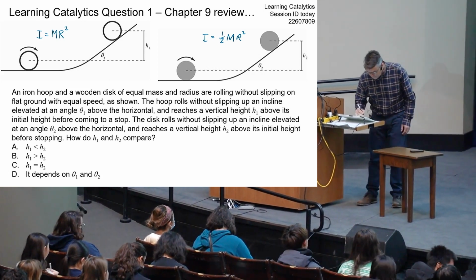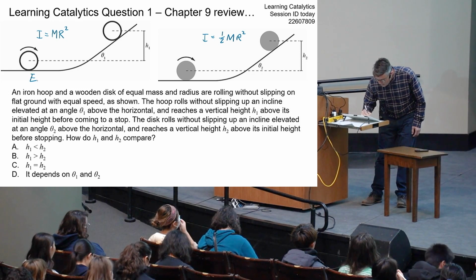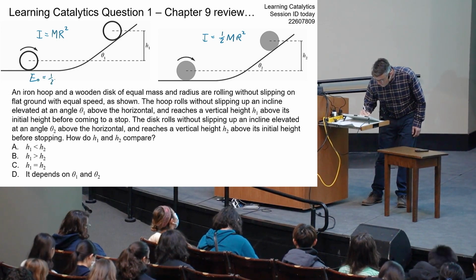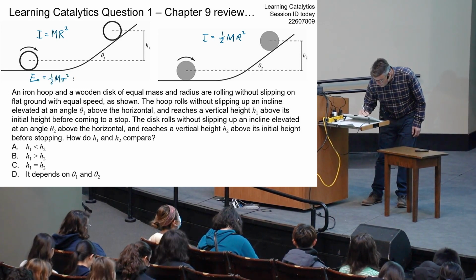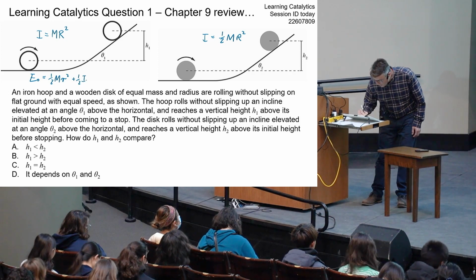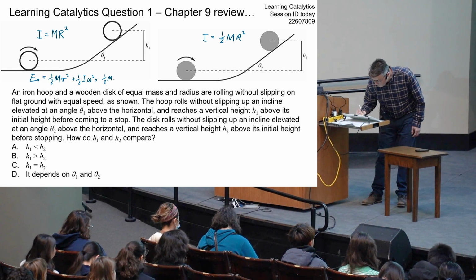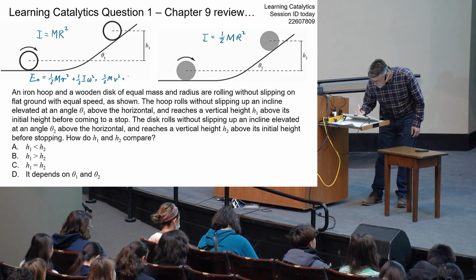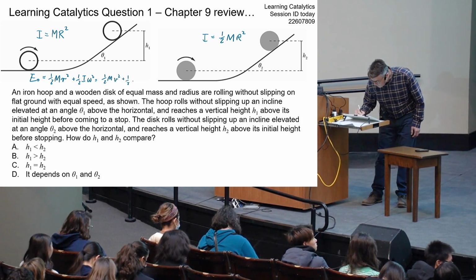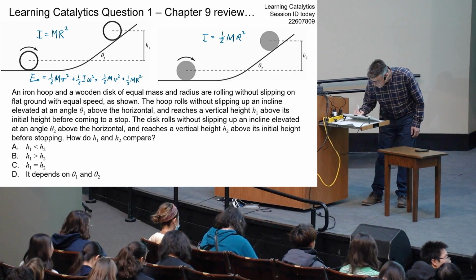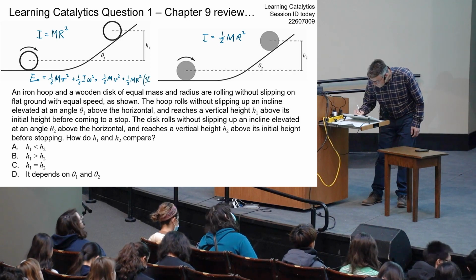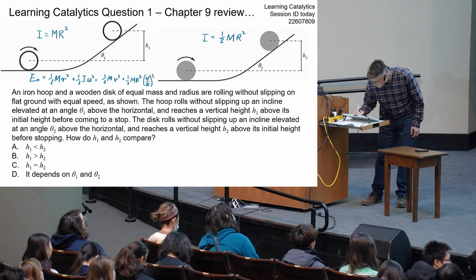So E initial for the hoop is 1/2 m v squared plus 1/2 I omega squared, which is 1/2 m v squared plus 1/2 times m r squared times (v over r) squared.